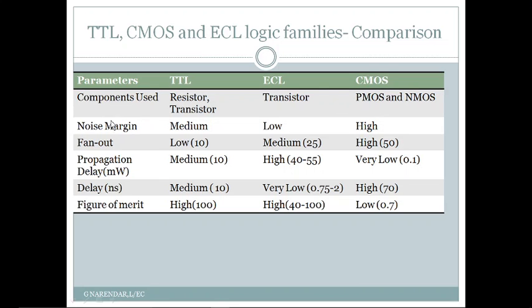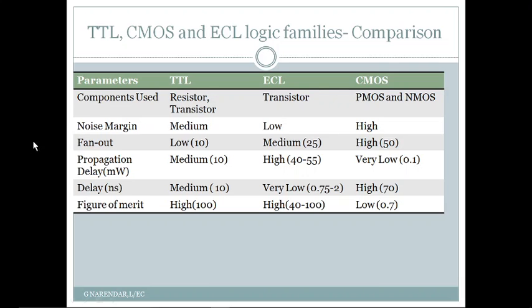And noise margin. What is noise margin? We have seen that it is the amount of noise tolerated by a logic gate. So if the noise margin is more, that means the logic gate can tolerate more amount of noise.